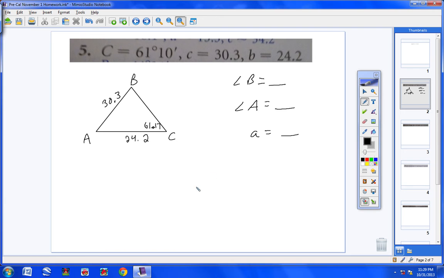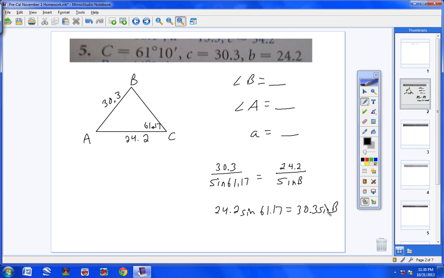All right, here we go. We do have a pair right here, C and C. So I'm going to say 30.3 over the sine of 61.17 equals, now we're not going to use our A's, that would be two unknowns, but we can say side B as in boy, which is 24.2, over sine of B. Let's cross multiply. 24.2 sine of 61.17 equals 30.3 sine of B. Now let's divide both sides by 30.3.